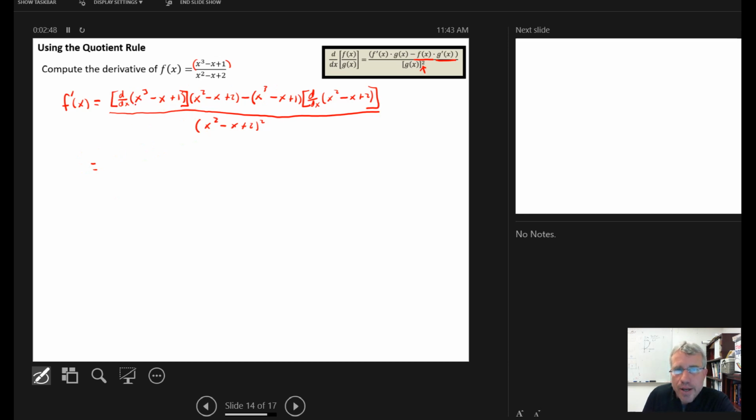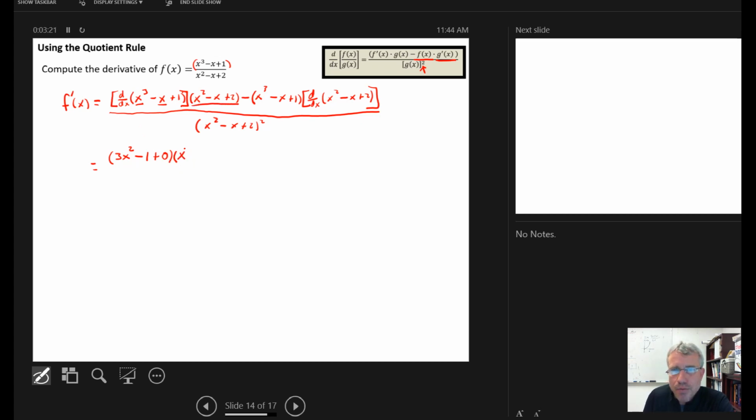So d dx of x cubed minus x plus 1, take the derivative of that polynomial. So x cubed, we can apply the power rule. So the 3 will come down into the coefficient position, and we'll decrease the exponent by 1, minus the derivative of x, d dx of x is 1, plus d dx of 1, but 1 is a constant, and we know that the derivative of a constant is 0 from the previous homework assignment.